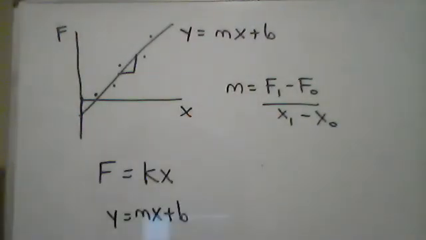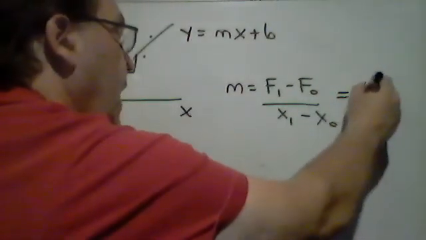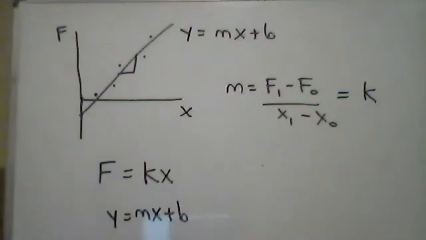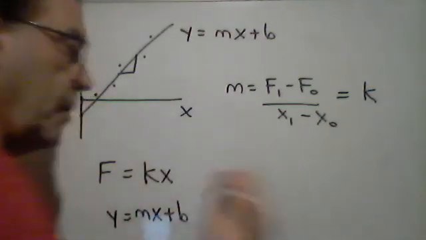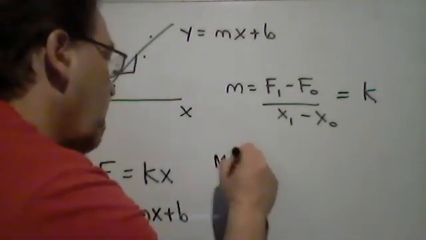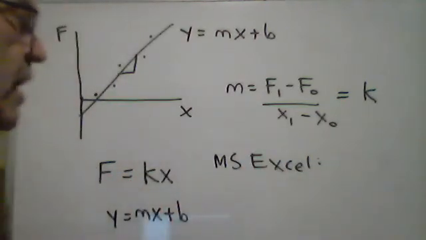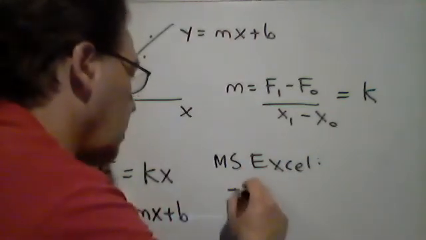That slope M is going to be my spring constant K. You can do this in Microsoft Excel. I'll show you as we go in the labs. MS Excel has a very nice way of plotting data points, and you can use what is called a trend line.